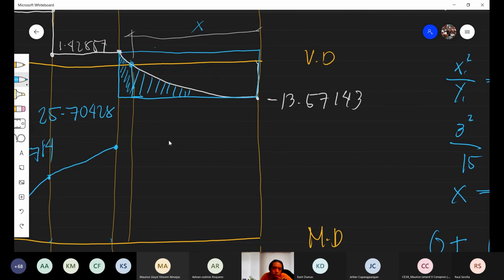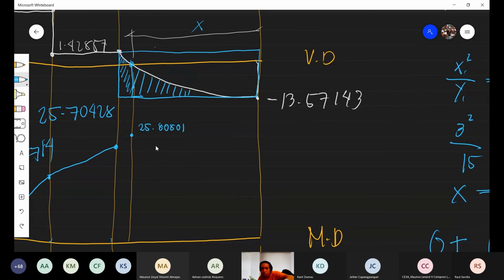That is 25.80801 kilonewton-meters. What's the behavior of the curve? Is it concave downward or concave upward?